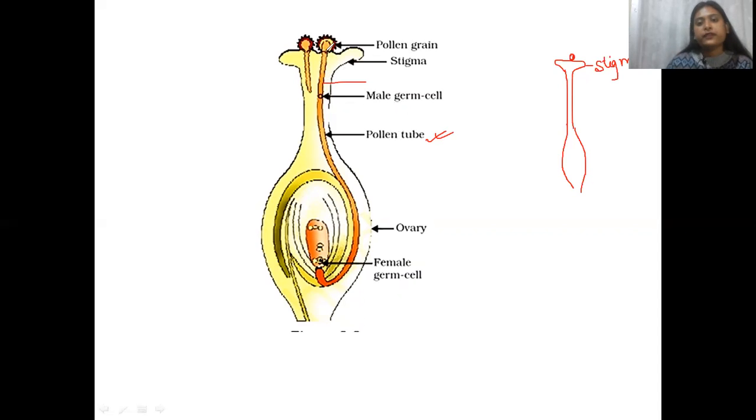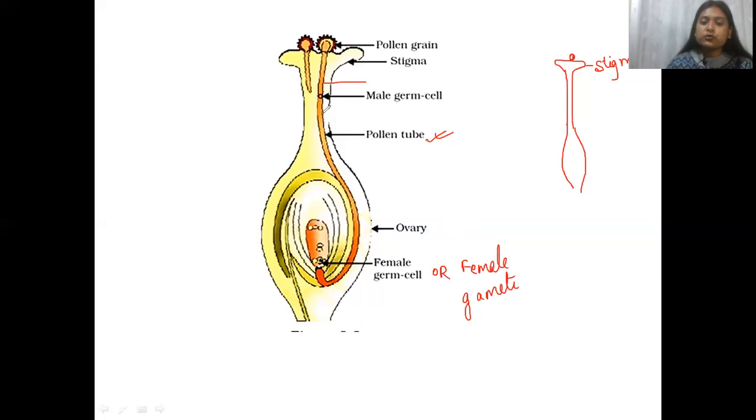The vegetative cell will form the pollen tube, and the male gametes will be transferred in this pollen tube. Inside the ovary, there will be the ovule present. Inside the ovule, there will be one egg, and some other cells will be there. This egg is known as the female germ cell, or female gamete.